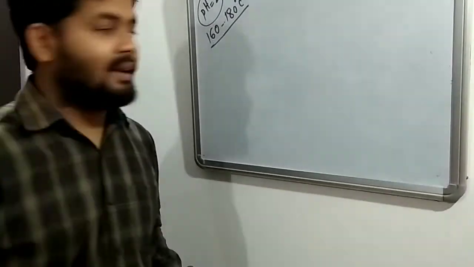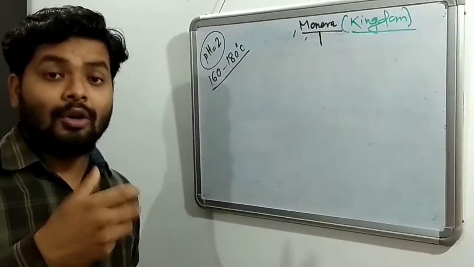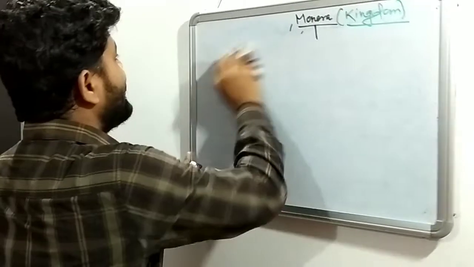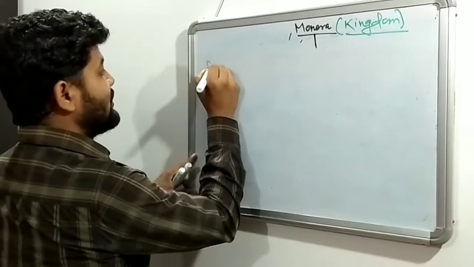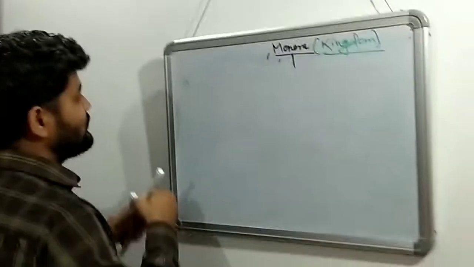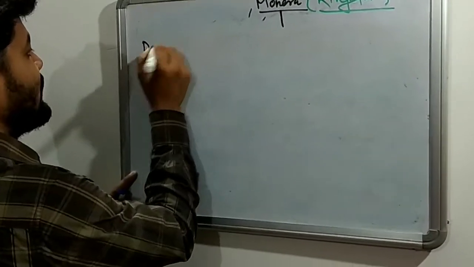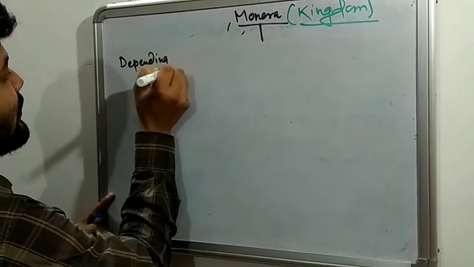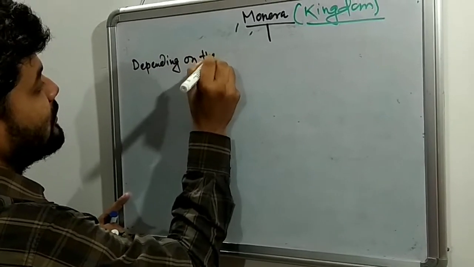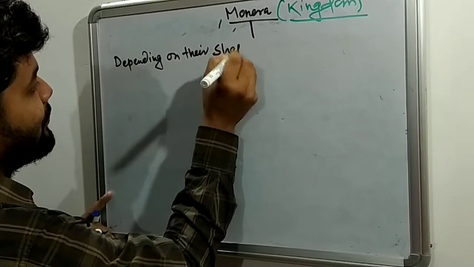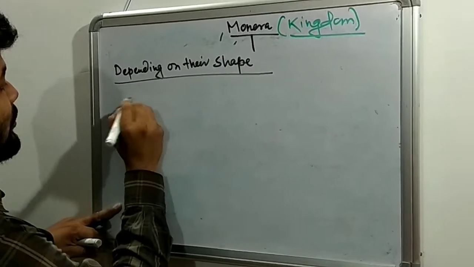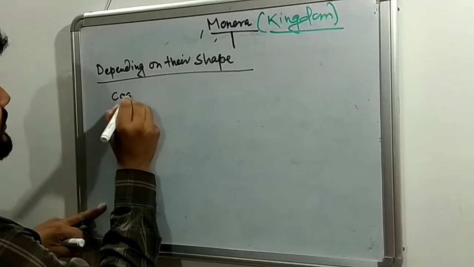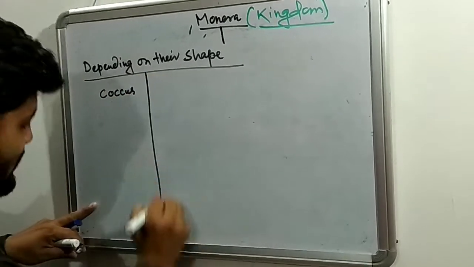Now we will talk about another categorization of bacteria, depending on their shape. Depending on their shape, there are different types of bacteria. What are these? First of all, coccus.